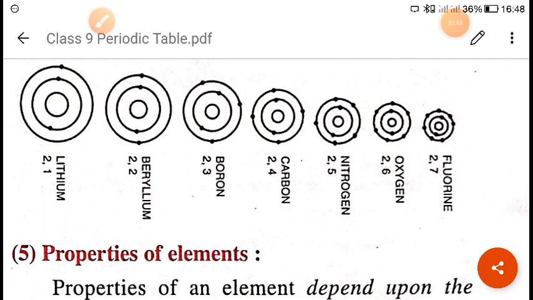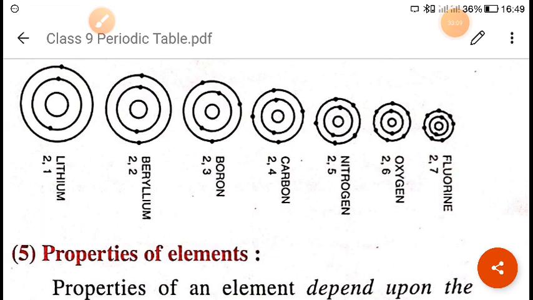Since the number of protons is increasing, what will happen? The protons exist in the nucleus, right? So the protons will exert more force on the electrons, and it will pull them towards itself, right?